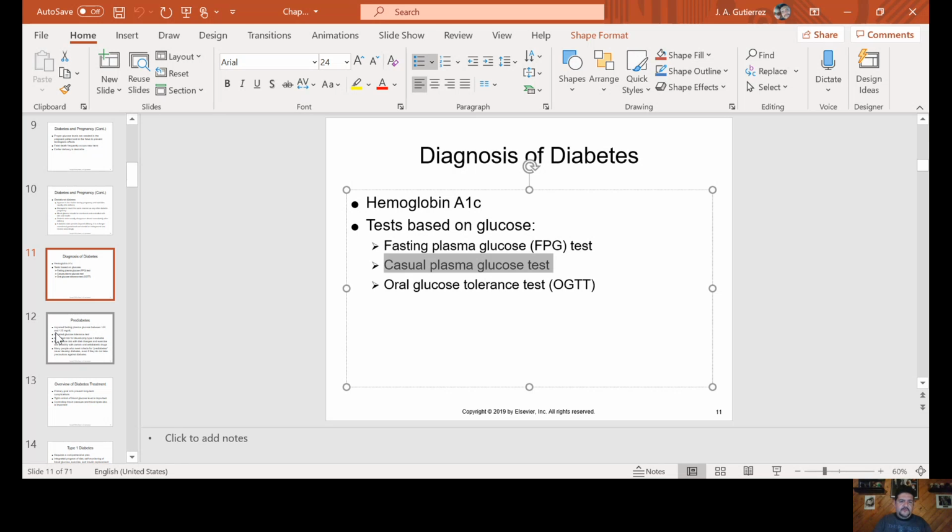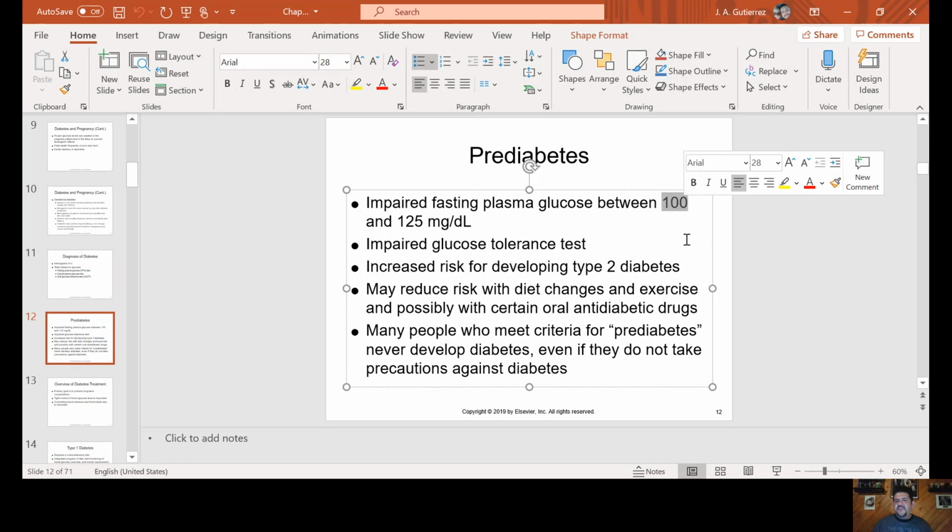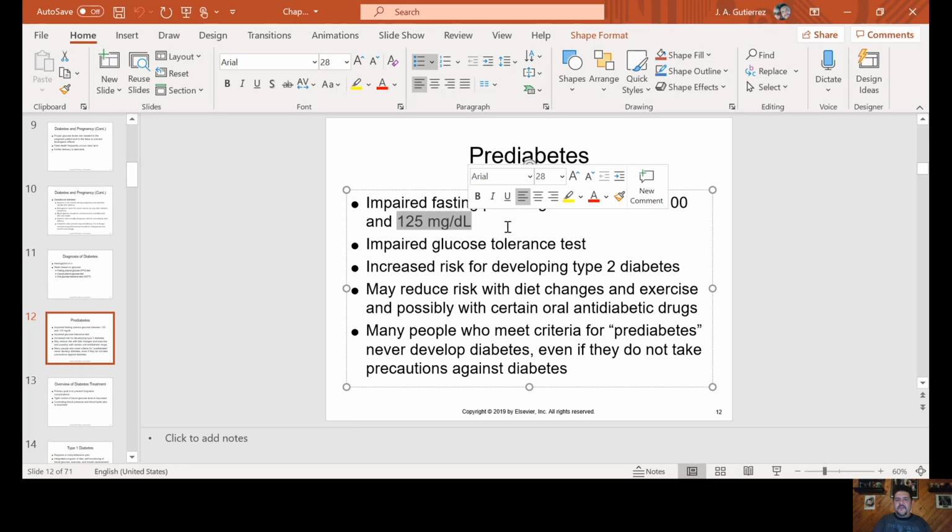So regarding values, anything below 100 milligrams per deciliter is considered normal. Everything above 125 milligrams per deciliter, we can say you're diabetic. But what happens between 100 and 125 milligrams per deciliter?